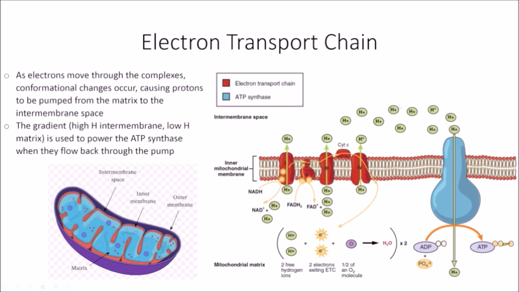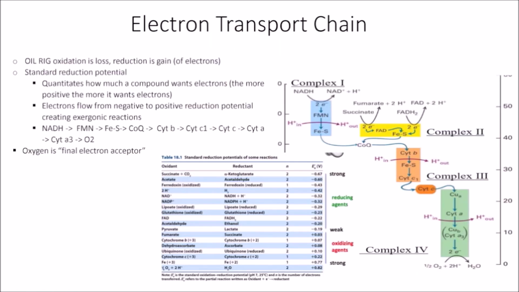Once again, because there's a high concentration of protons on this side of the membrane, it's going to want to diffuse to even things out, and it can only diffuse through the ATP synthase. When the protons flow through the ATP synthase, in blue here, that once again catalyzes ADP into ATP.